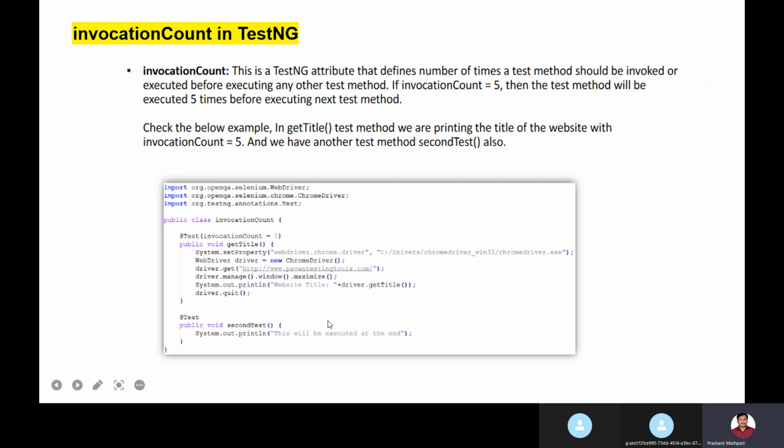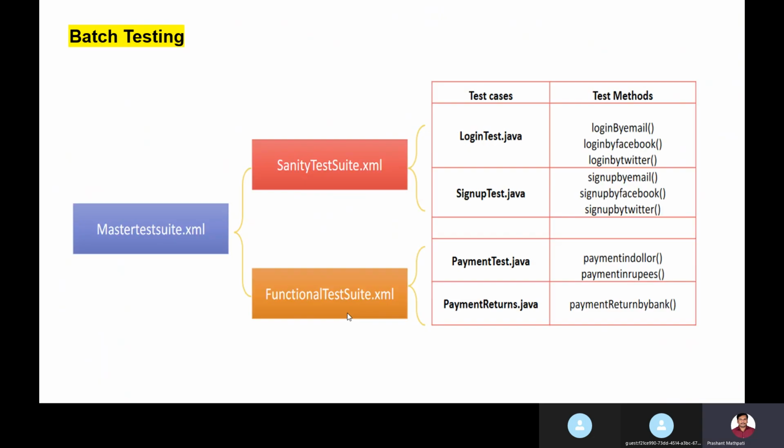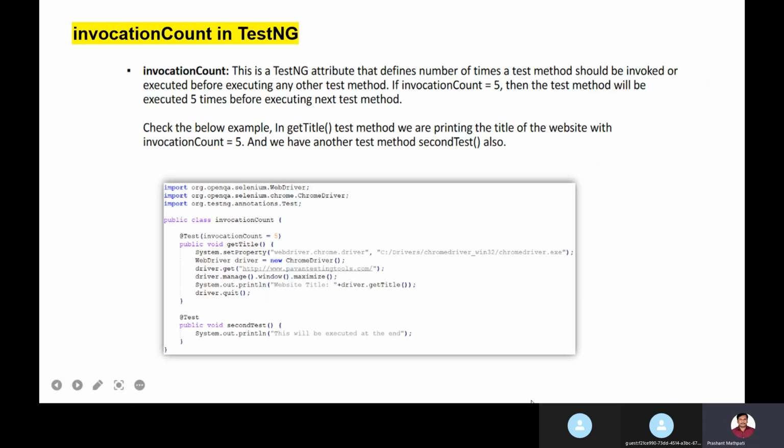The example is given directly here. Here I gave invocationCount as 5. So how many times will it execute the same test case? Yes, I was wrong, that is a count thing. Invocation count, whatever value you give, that many times it will be executed. Let me try this.